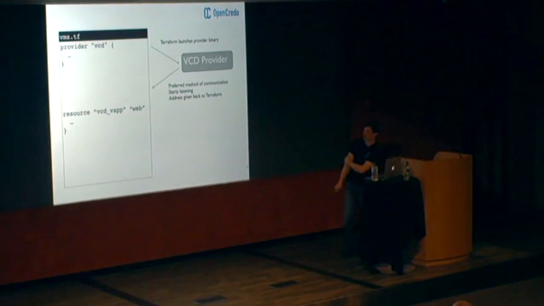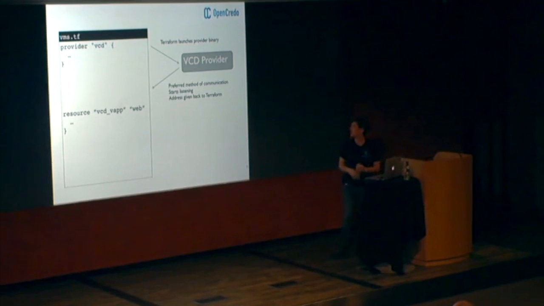The way Terraform works with these binaries is if we look at our Terraform VM, really small file, when it sees provider VCD, Terraform is going to launch the provider binary that you've created. When that binary launches, it's going to look at the preferred method of communication for the operating system it's running on.